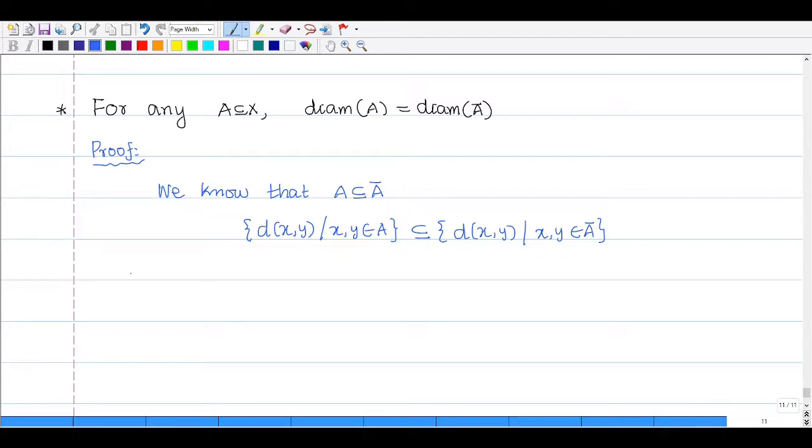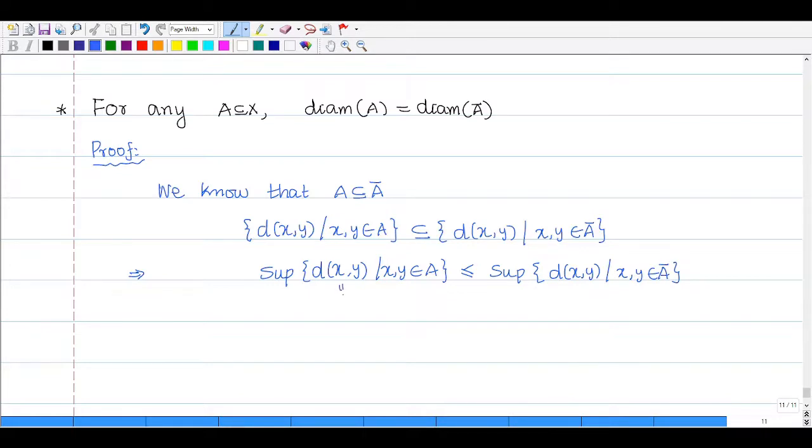So this implies that supremum set பெருசாச்சுனா supremum பெருசாகும். So that we know that therefore this is supremum of, that is distance between x comma y such that x comma y belongs to capital A. This is less than or equal to supremum of the set, that is distance between x comma y such that x comma y belongs to A closure. Okay, இது யாரு?